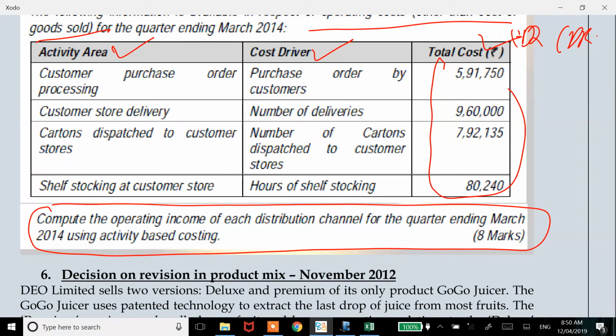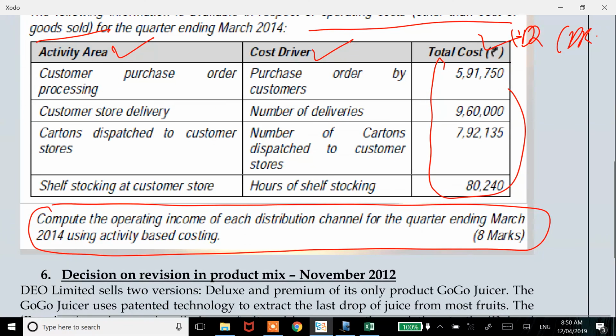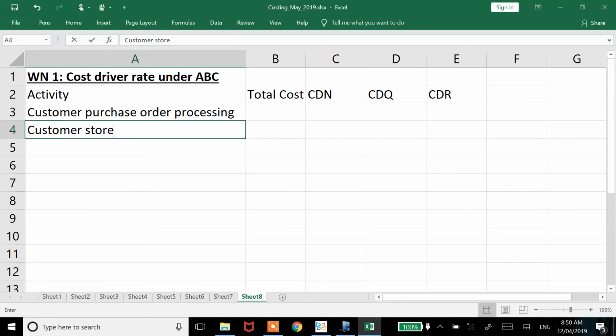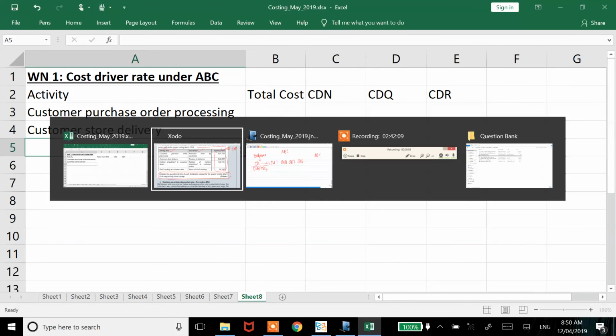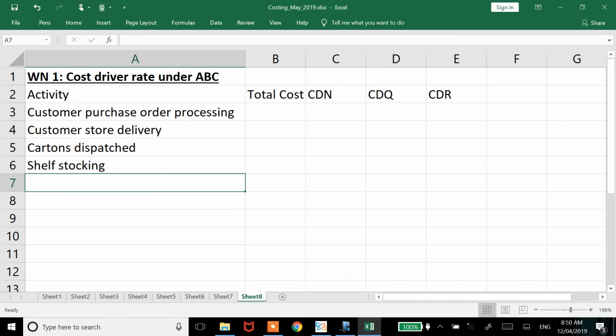Let's write the activities. Customer purchase order processing, store delivery, cartons dispatched, shelf stocking.